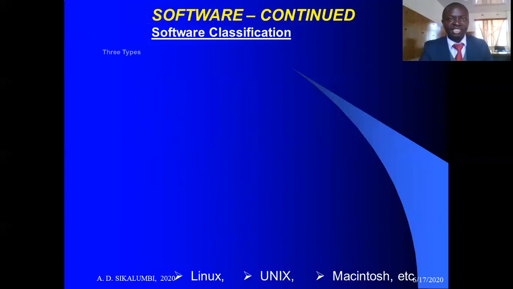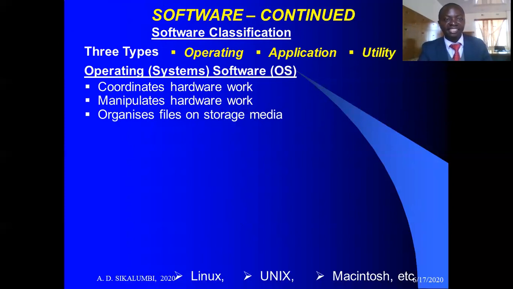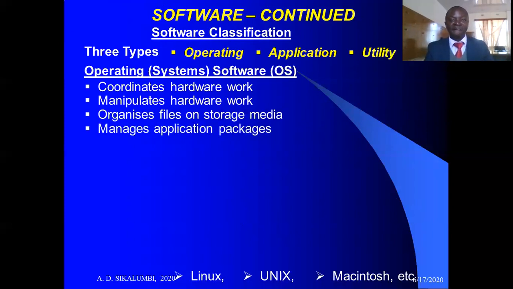So let's try to look at the examples of each and every software. For example, operating system, we said it's meant to coordinate the hardware. And when you say the hardware, you're talking about physical components of the computer that are tangible in nature. All the manipulations of the hardware, there is the operating system to be in charge.